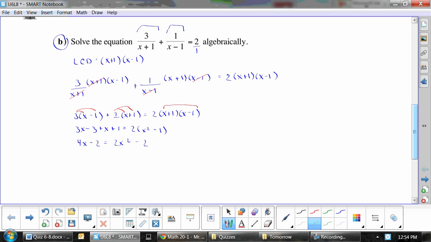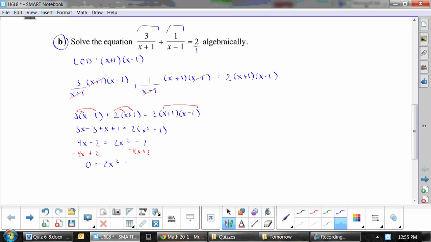But because we know this is a quadratic, because it has an x squared, we want it to equal 0. So we're going to go minus 4x on both sides and plus 2 on both sides. You can move it the other way and get a negative x squared or negative 2x squared. Either way, you get the same solution.